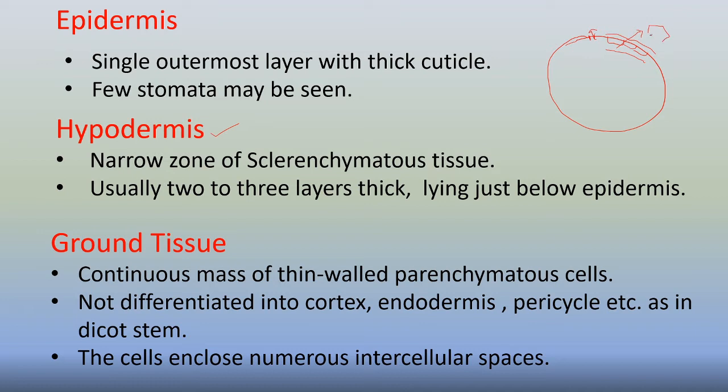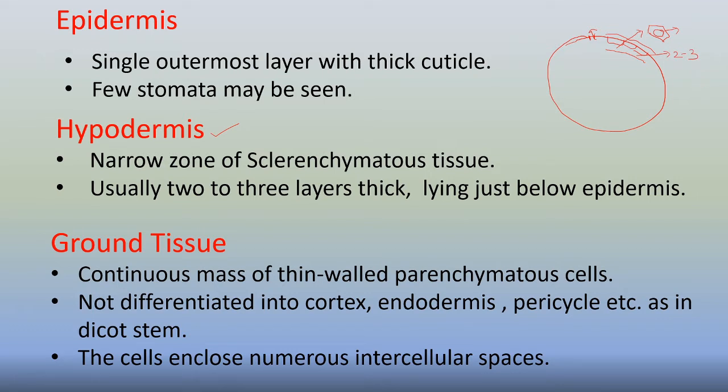They are simple tissues, and the wall of the cell is thick. Such thick walled sclerenchymatous tissues are present in the hypodermal region, generally in 2 to 3 layers.